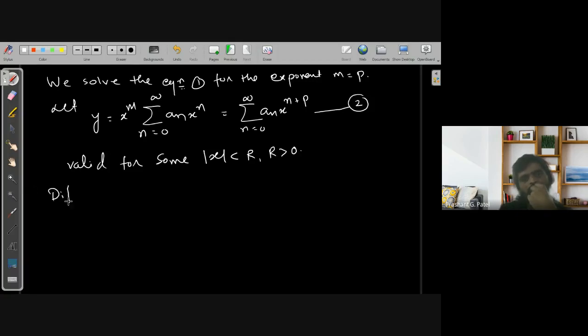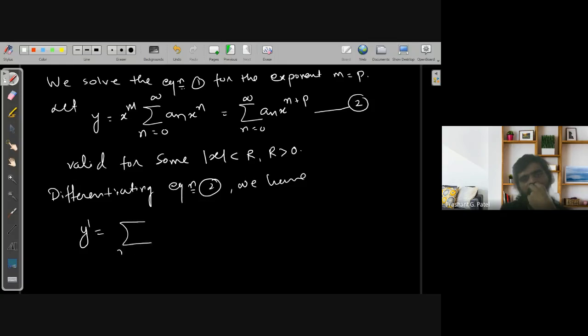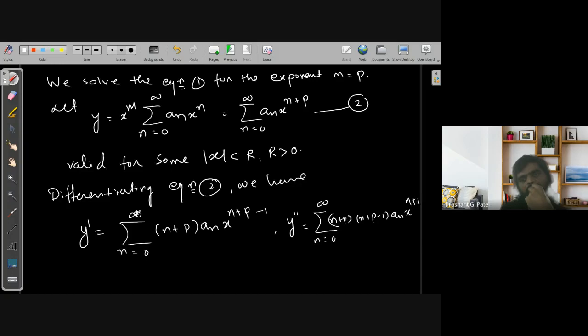Now differentiating the second equation, we will have y dash, which is the summation n running from 0 to infinity of (n plus p) a_n x raised to n plus p minus 1, and y double dash will be the summation n running from 0 to infinity of (n plus p)(n plus p minus 1) a_n x raised to n plus p minus 2.